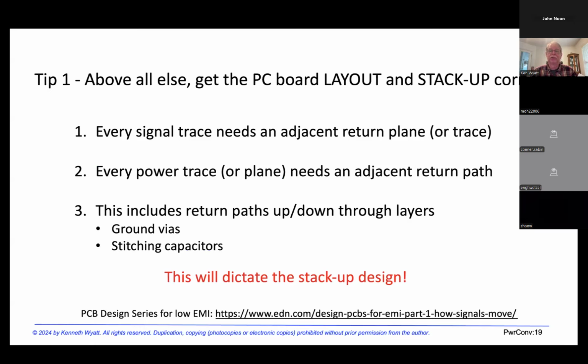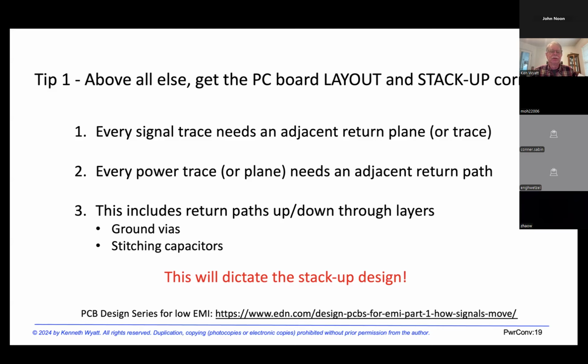I find that my clients that are successful use the proper stack up, and the clients that are not successful, at least the first time around, are not using the correct or optimal stack up. It really is key to your design. If you get the circuit board and stack up layout wrong, you've added a lot of risk.